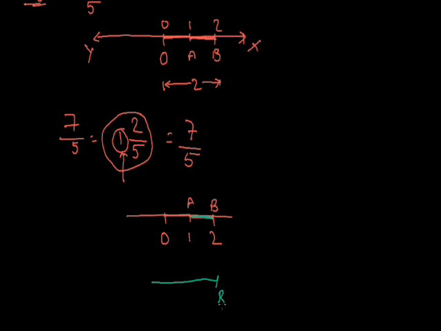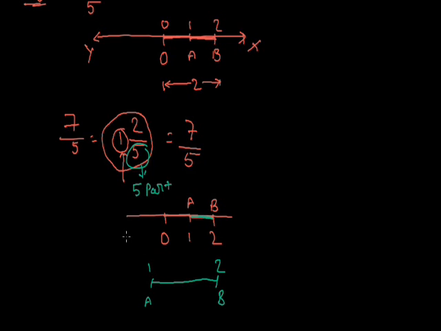This is B, this is A. A represents 1, B represents 2. Now let's see the denominator 5. So we can divide the AB line into 5 equal parts.